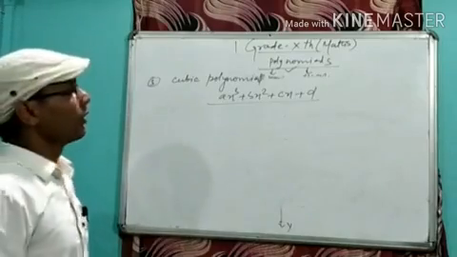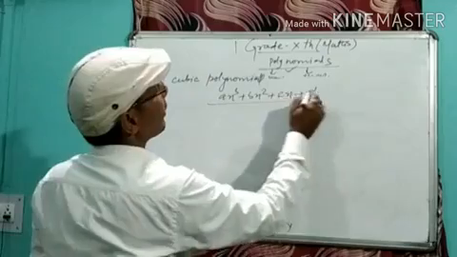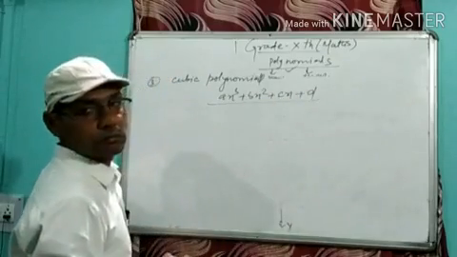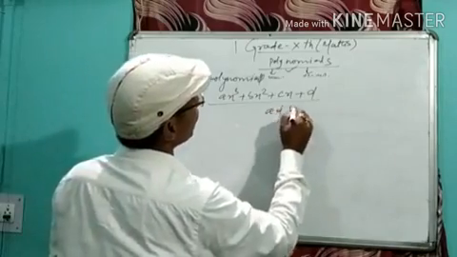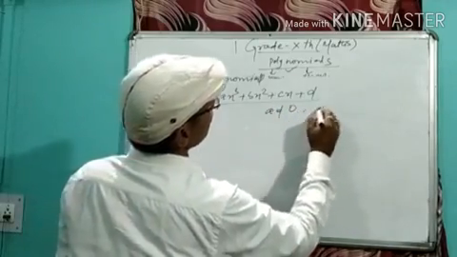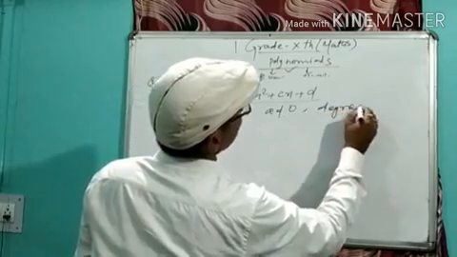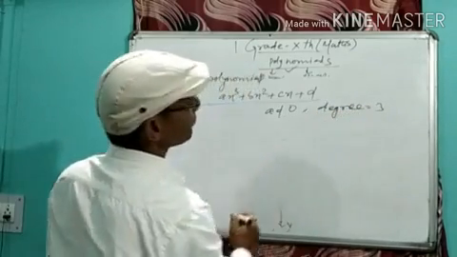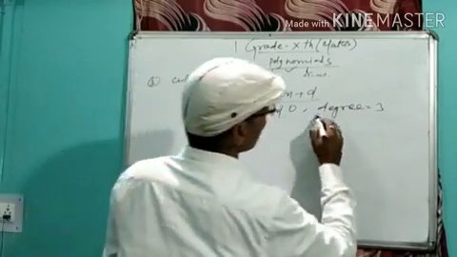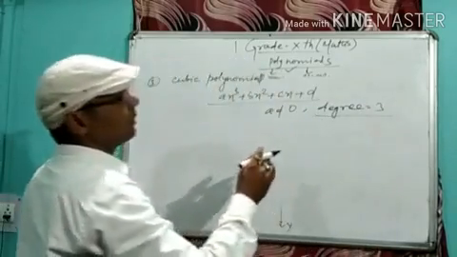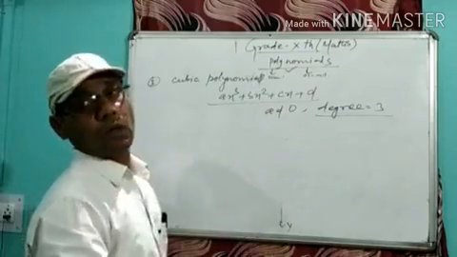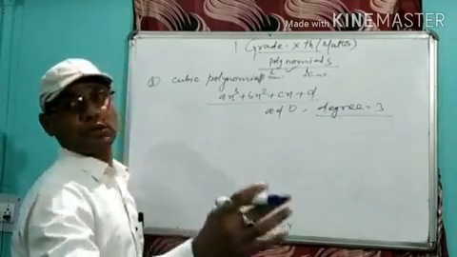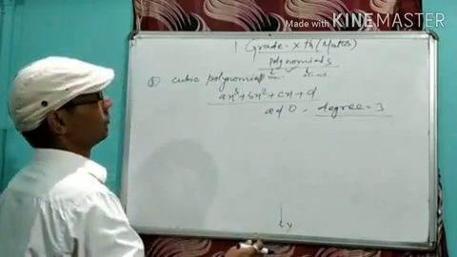In the same way, here a, b, c and d are real numbers and a is not equal to 0, degree 3, and it has one or at most 3 zeros.